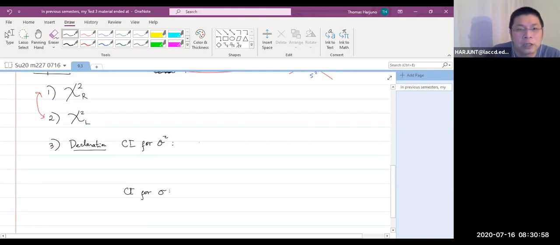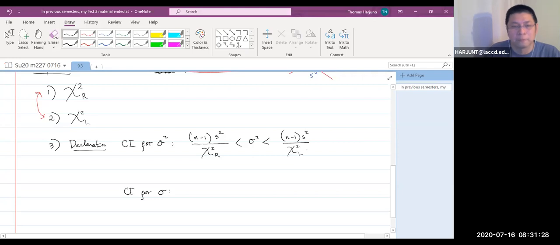The confidence interval for sigma squared is n minus 1 times sample variance over chi-squared right, less than sigma squared, less than n minus 1 times s squared, the degrees of freedom times sample variance, over chi-squared left.